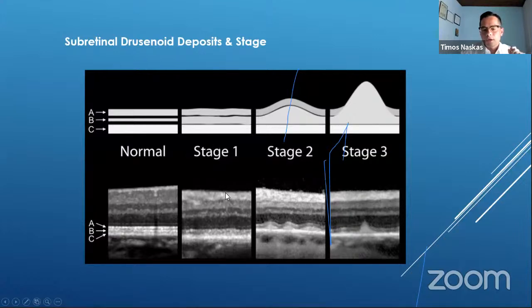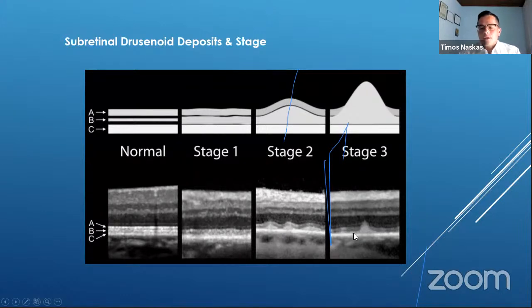In stage 1, there is just accumulation of granular material, small mounds at the level of the RPE, which is not sufficient to change the surface of the inner outer segment layer. Then in stage 2, we found this material growing up, and it does now change the inner outer segment of the photoreceptor surface.